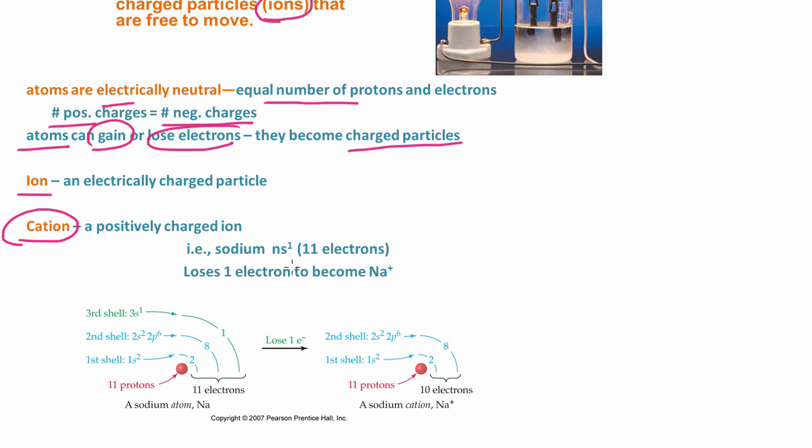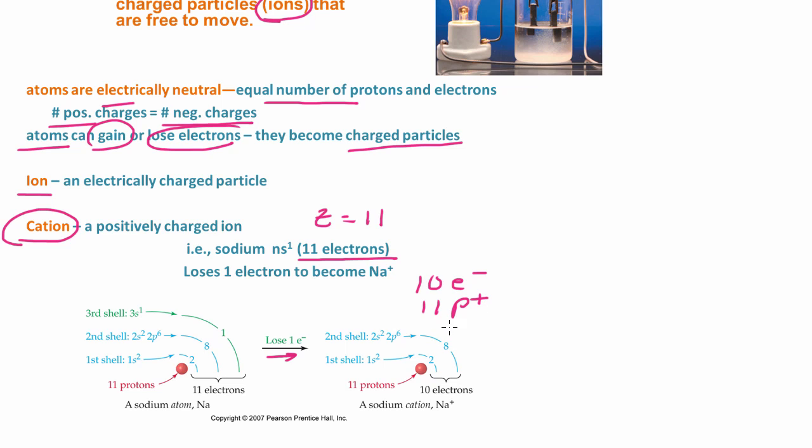Let's take a look at sodium. We have a sodium atom, and we know that Z is equal to 11. That means the sodium atom has 11 electrons and 11 protons. It's neutral. Now, what happens when that sodium atom loses one electron? The sodium atom, when it loses one electron, now has 10 electrons and 11 protons.